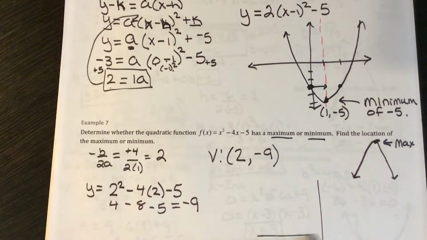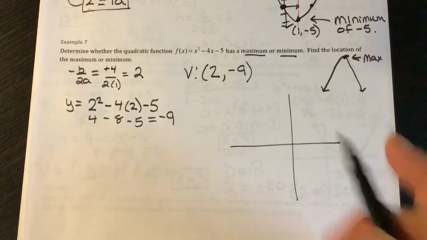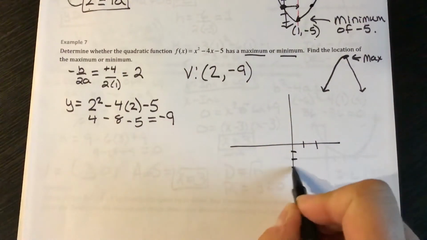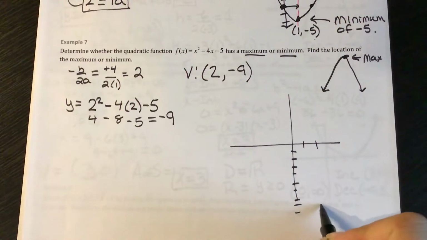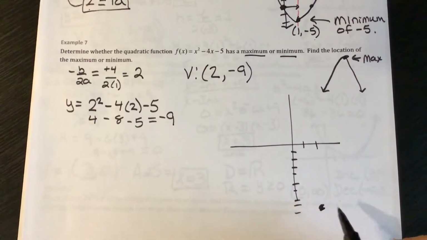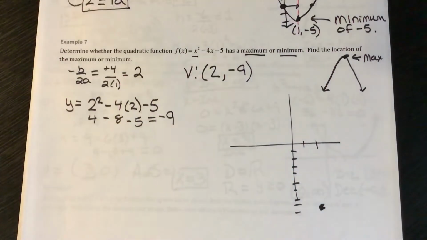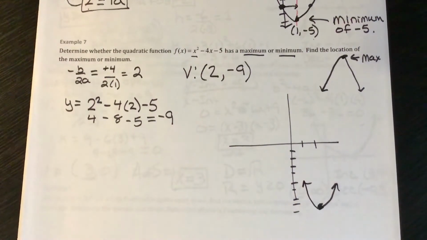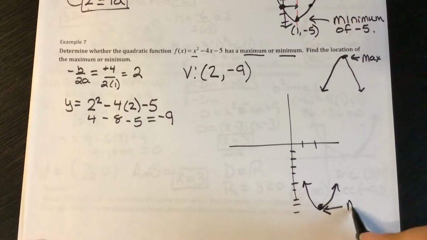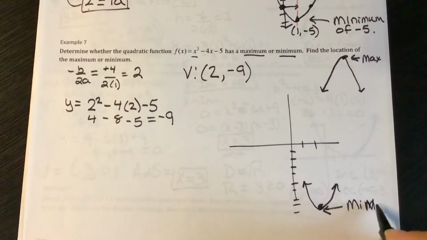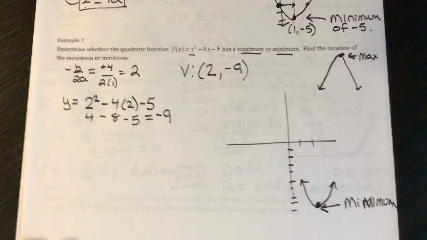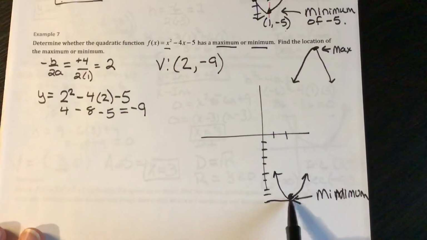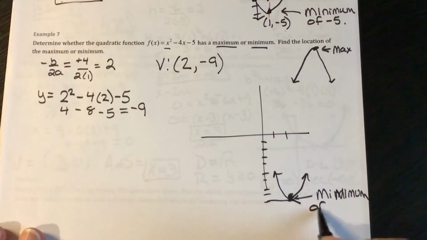If I just do a quick sketch here, here's (2, -9). It's going to point up because my a value is positive, so it's going to go up this way. So this is going to be a minimum, and the minimum value is the y value of -9.